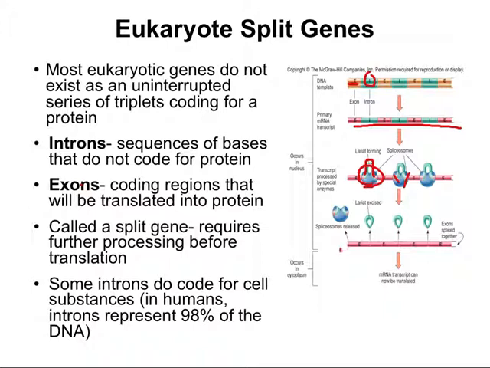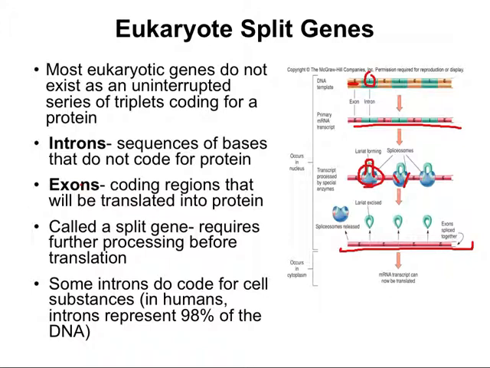So now we have just one piece of fully coding, mature messenger RNA, and it's ready to leave the nucleus. This is another place where we see evidence that archaeans are more closely related to eukaryotes because they also have split genes.